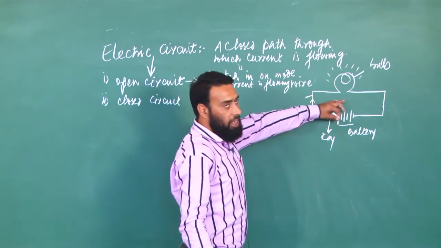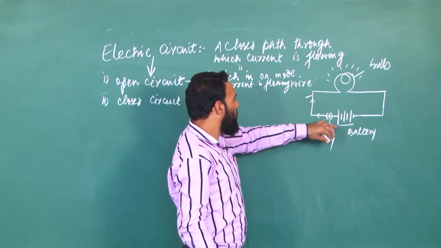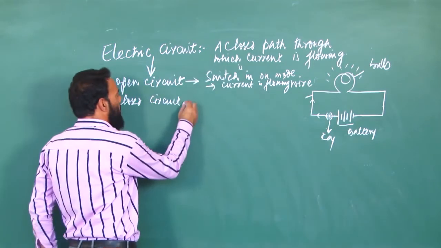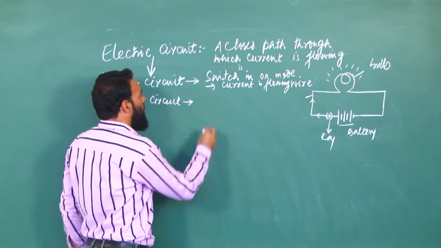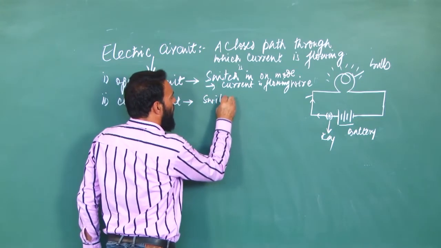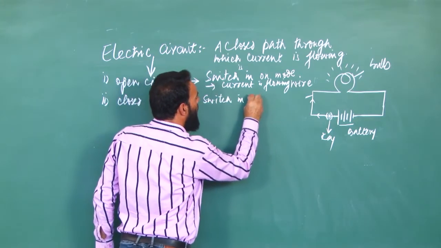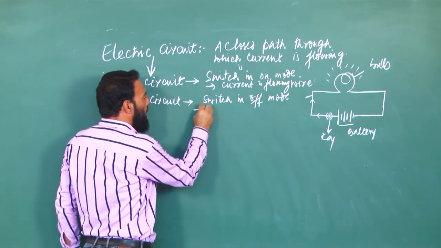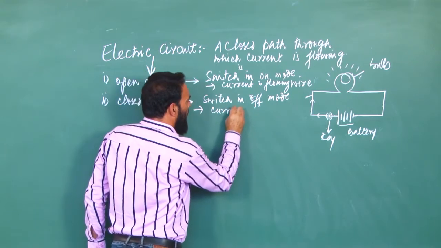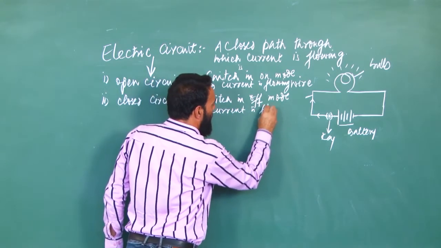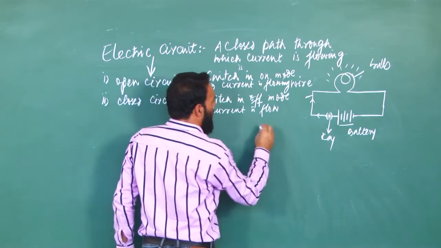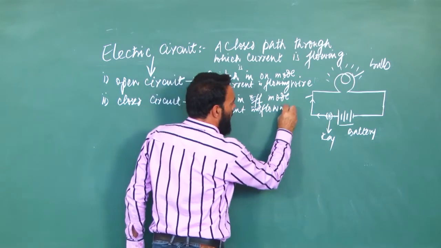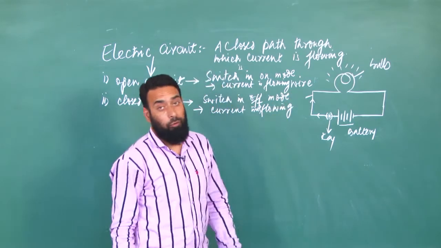So let's take this example. This is an open circuit. Here the switch is in on mode and the current is flowing through the circuit. Now the second is the closed circuit. Here the switch or key is in off mode and current is not flowing in this circuit.